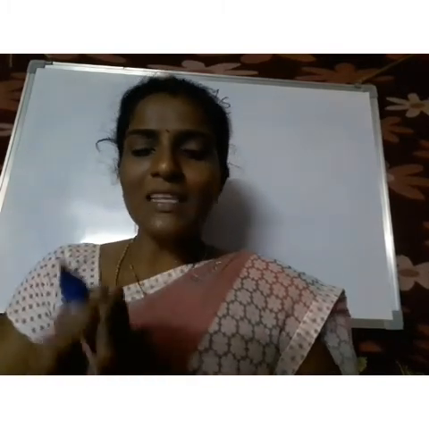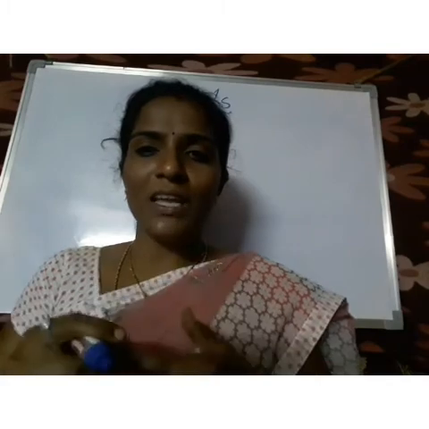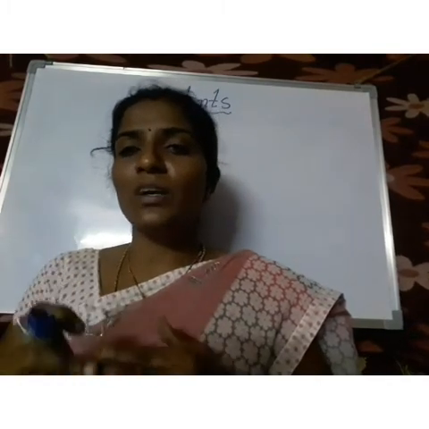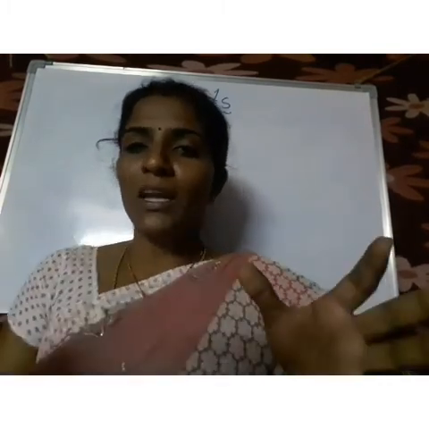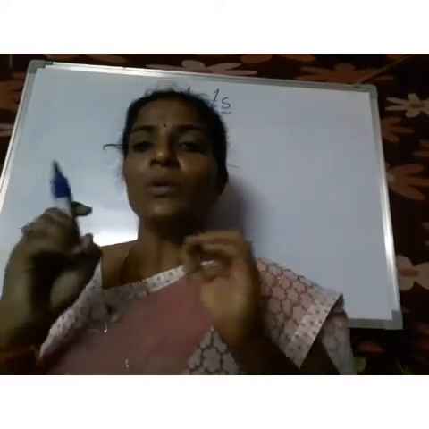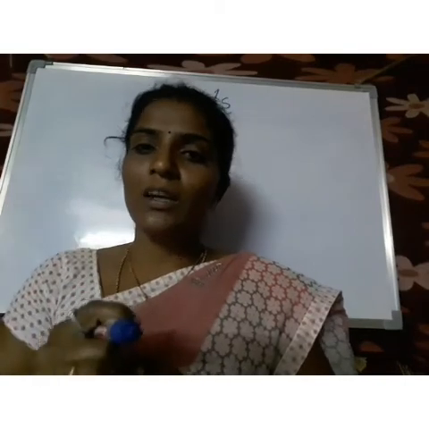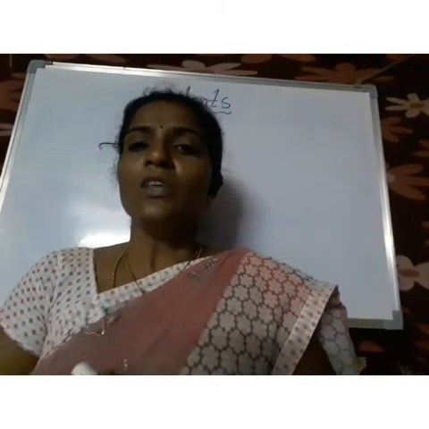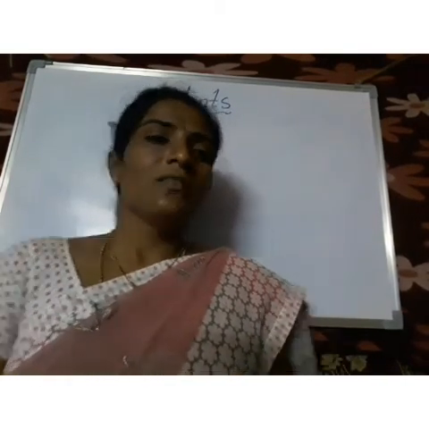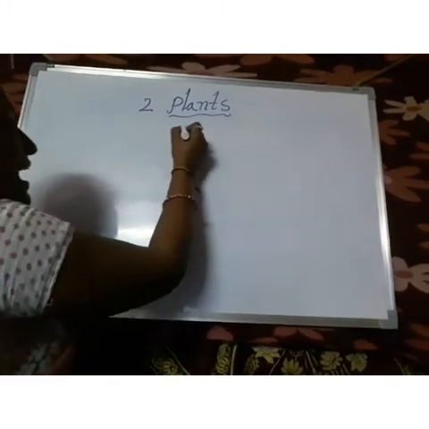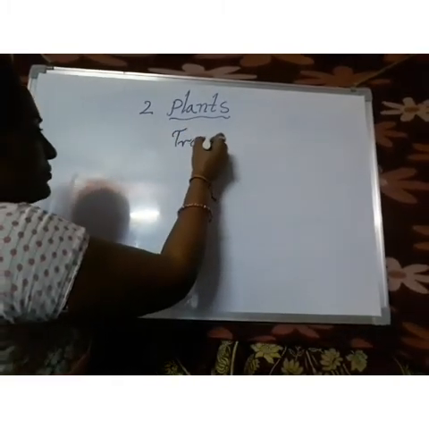If the plant keeps the excess water with it, after some days the roots will spoil and the plant will die. But it is very essential to send the excess water out as water vapor. So who is doing that? That process we call transpiration.